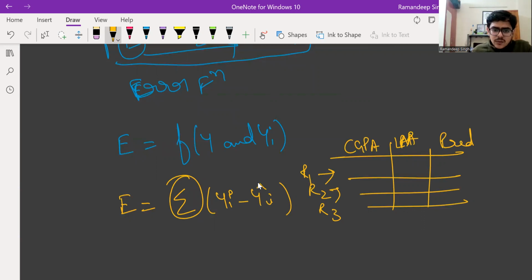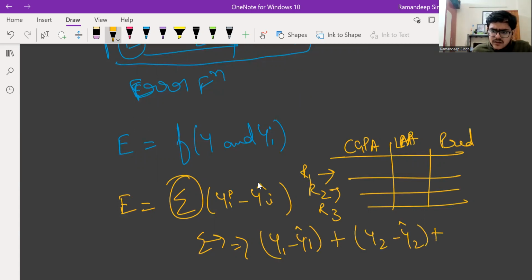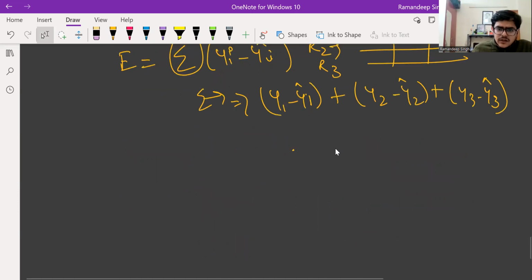So what does this represent? This implies y1 minus y1 hat plus y2 minus y2 hat plus y3 minus y3 hat, up to plus yn minus yn hat.